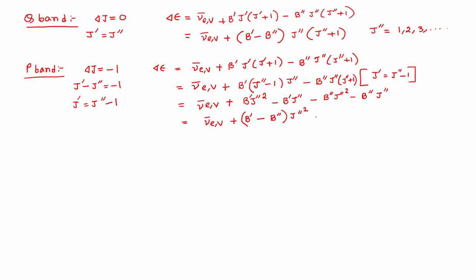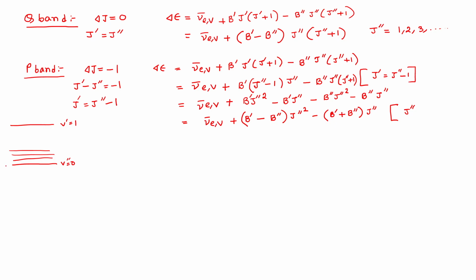Then suppose I am going to get one minus, then B dash plus B double dash J dash. So this is one of my equations, and here my J dash can only be C. So here what I'm trying to say is these two are my vibrational levels. Then these are my rotational levels.